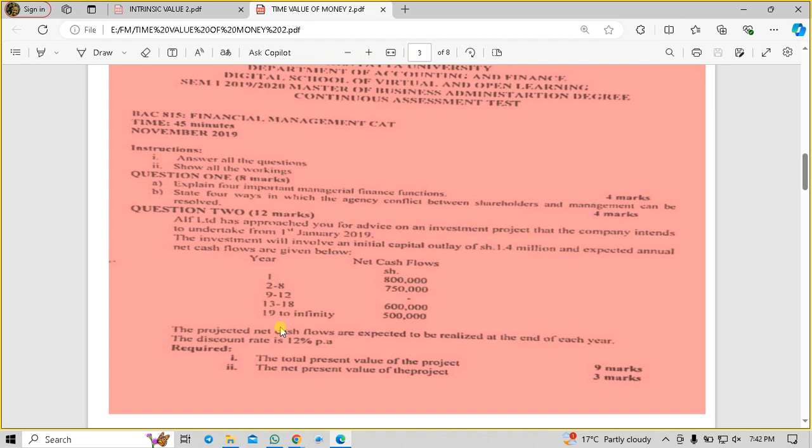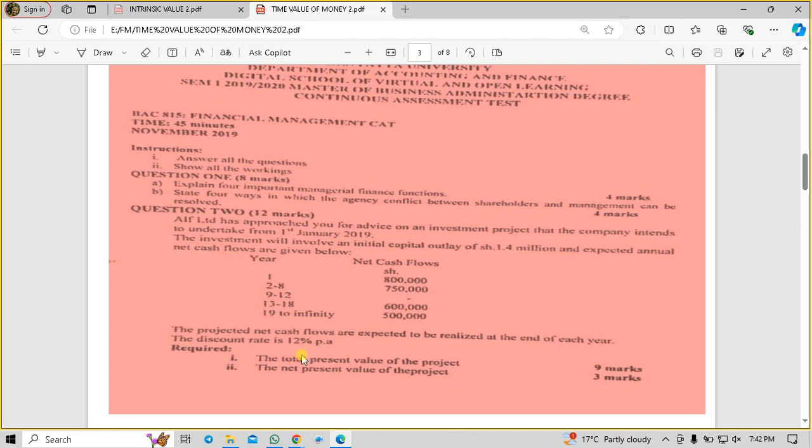The projected net cash flows are expected to be realized at the end of each year. The discount rate is 12% per annum. This is the rate of return. So they are expecting a rate of return of 12% per annum.